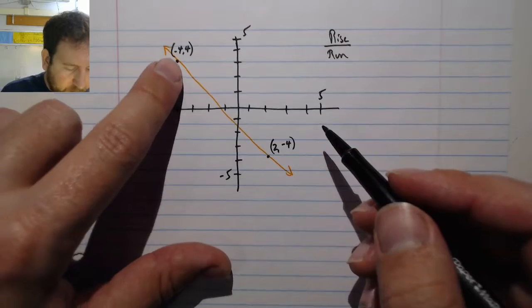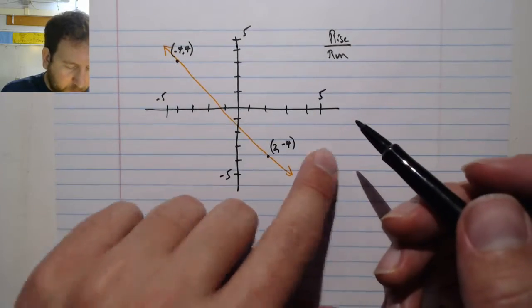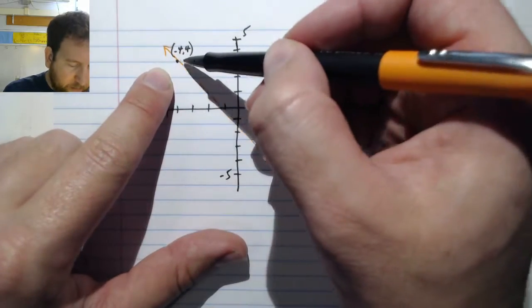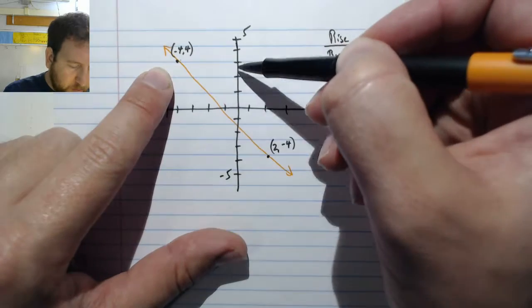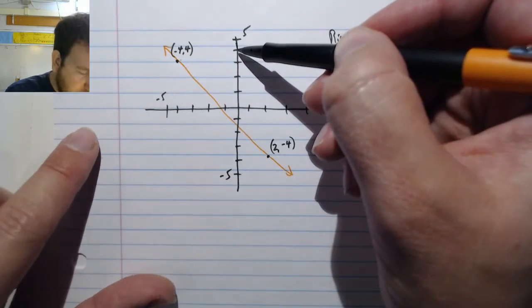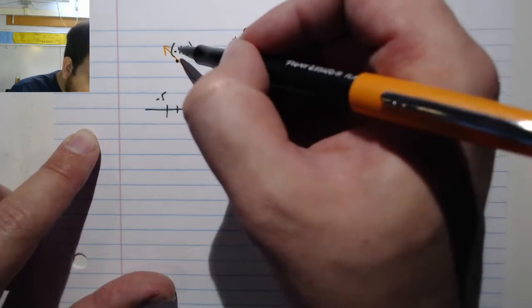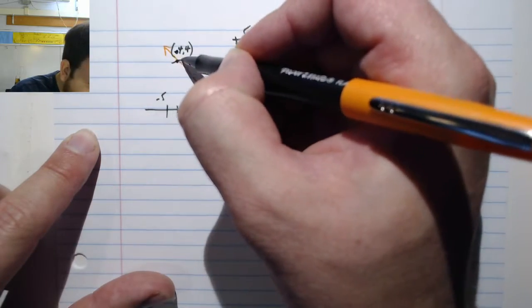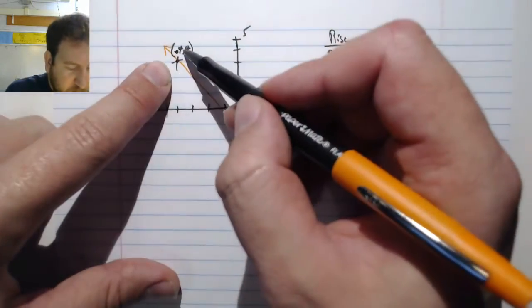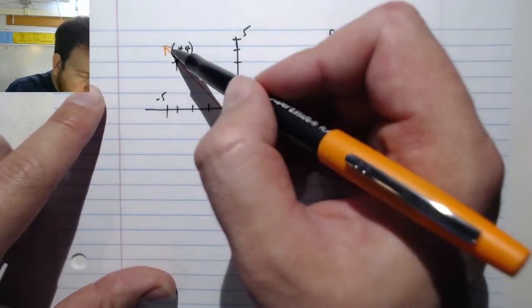Well, if I start here and I go to here, I'm going to be going down. Oops, I put that point in the wrong spot. It should actually be here instead of here. Sorry about that. Well, we'll use this -4, 4.